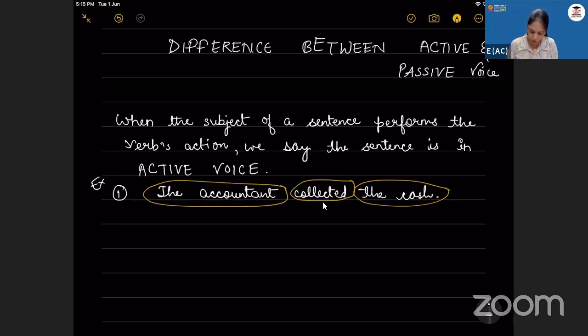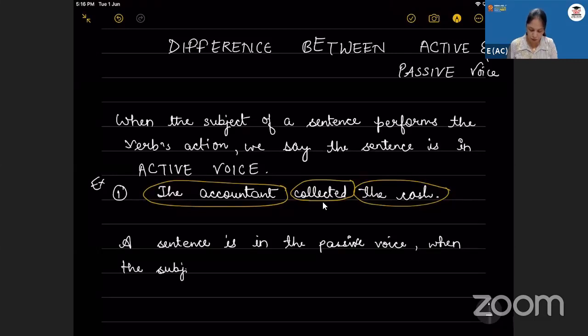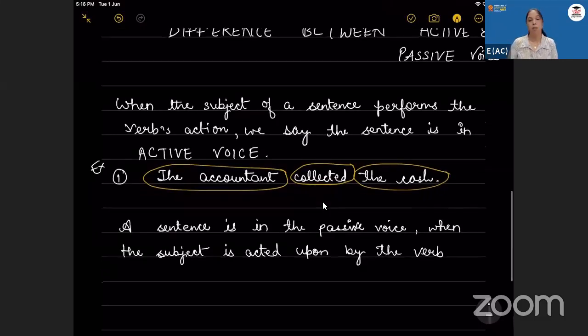Now, a sentence is in the passive voice when the subject is acted upon by the verb. Got it?